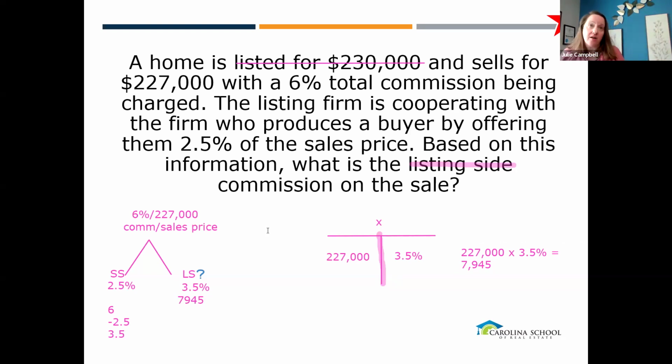Had the problem gone on to talk about the agent's commission split, which we're going to see in the next problem, then we could take that 7,945 and split it again. Now that we know what the side's going to get, the side is going to give some of their commission to the agent. How much? We don't know.